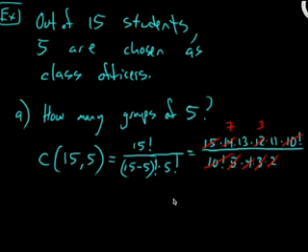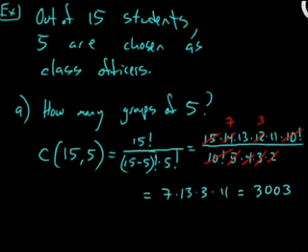So my simplified version looks like 7 times 13 times 3 times 11, and with my calculator, that is 3,003 possibilities. So that's a case where order did not matter.